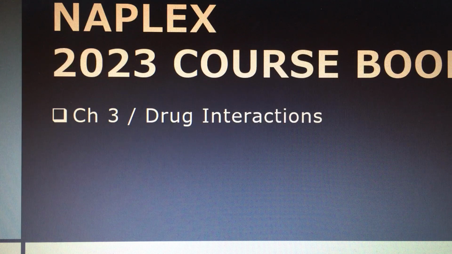Alright, so additive effects. Agonists binding to the same receptor. Multiple drugs that are agonists at the same receptor can cause additive effects. Example, opioids are mu receptor agonists, providing analgesia, but with a risk of fatal toxicity when overdosed.